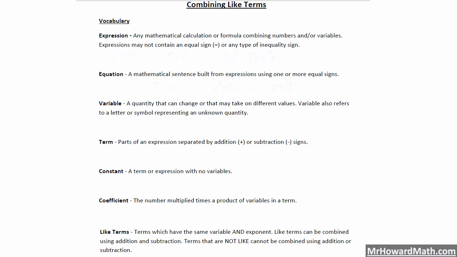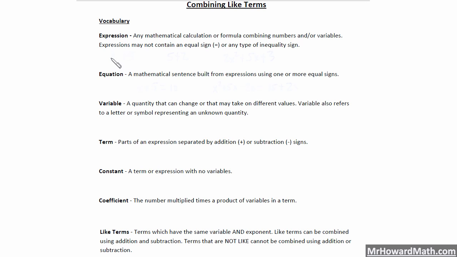Expressions may not contain an equal sign or any type of inequality sign. If you take an expression and you put an equal sign into it, it then becomes an equation. Or if you put in an inequality sign, it then becomes an inequality. So that's why that second sentence is in there, to make sure that you understand.